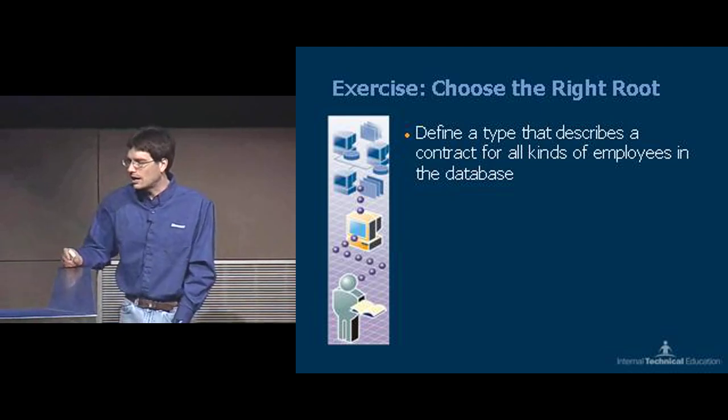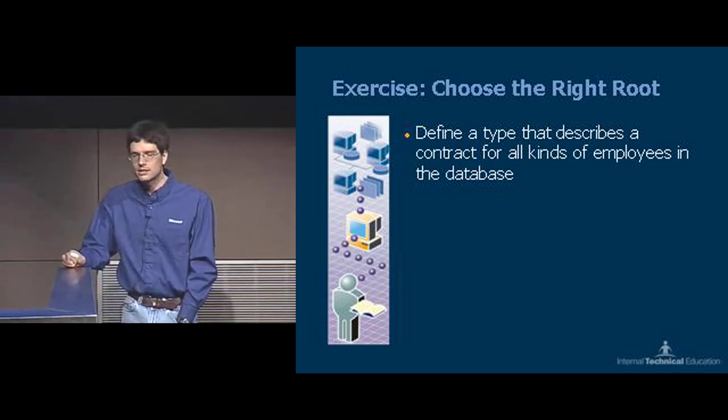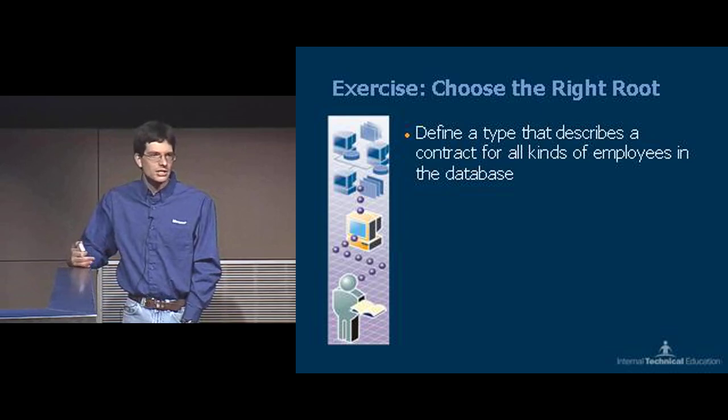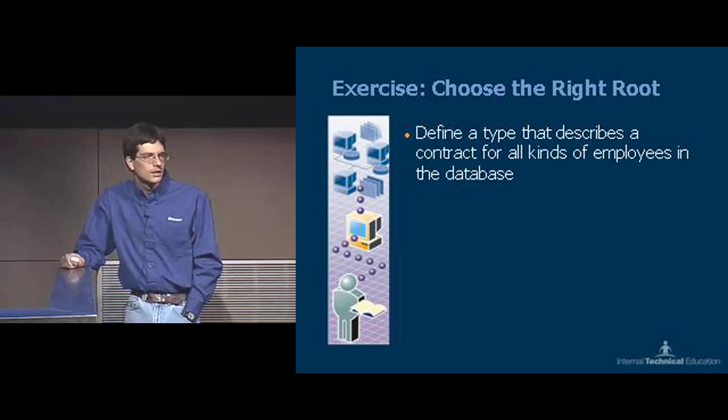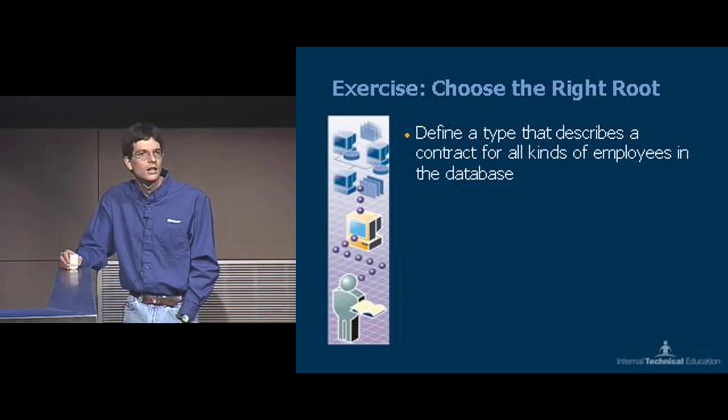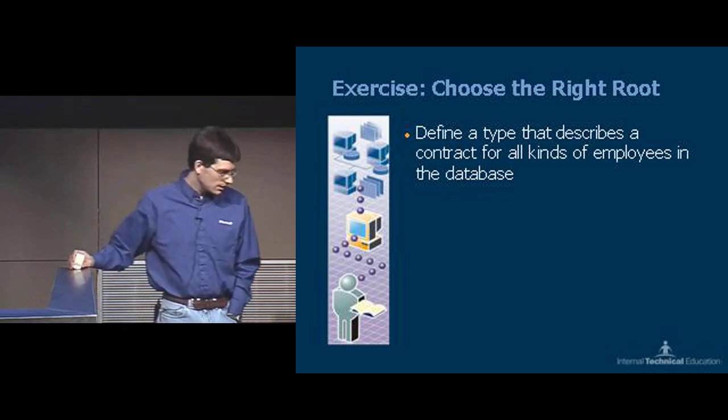Define a type that describes a contract for all kinds of employees in a database. Like say I have a database and it models contingent staff, full-time employees, executives, blah, blah, blah. Well, okay, why a base class? Because there are a lot of methods which you can have the default implementation for, and on top of that you can add on. Yes, right.